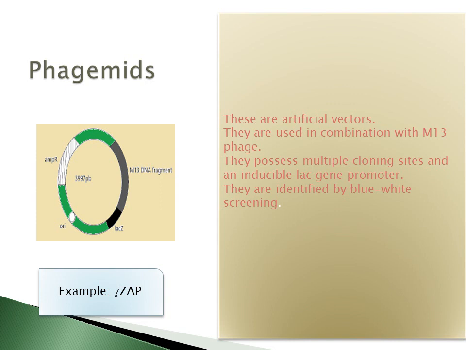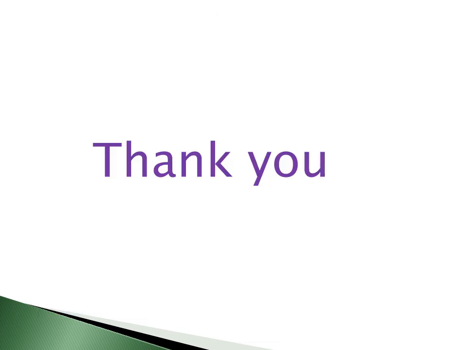As a conclusion, these cloning vectors are utilized to insert foreign DNA into another cell and create multiple copies of the same. The foreign DNA is duplicated and expressed utilizing the host cell machinery. It amplifies one copy of DNA into multiple copies. So selection of vectors is very important in the gene cloning technique. Thank you.